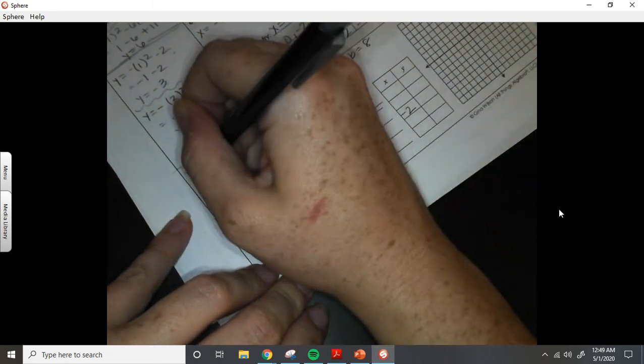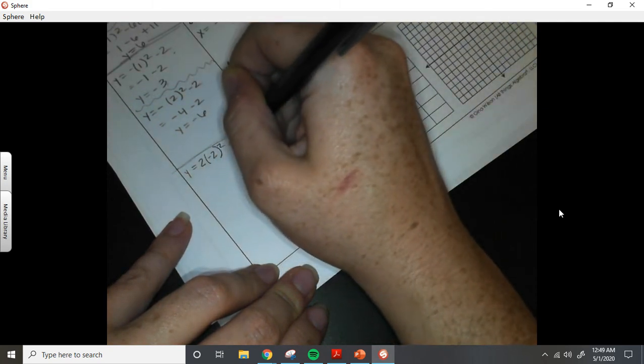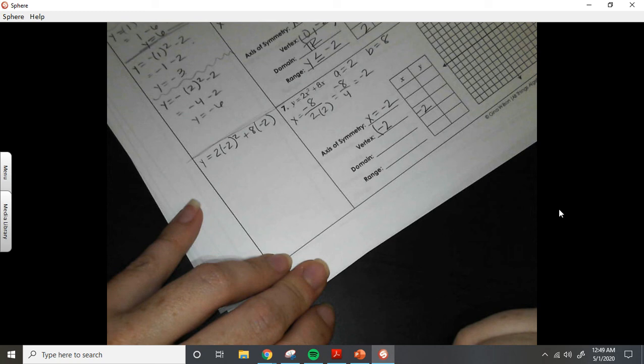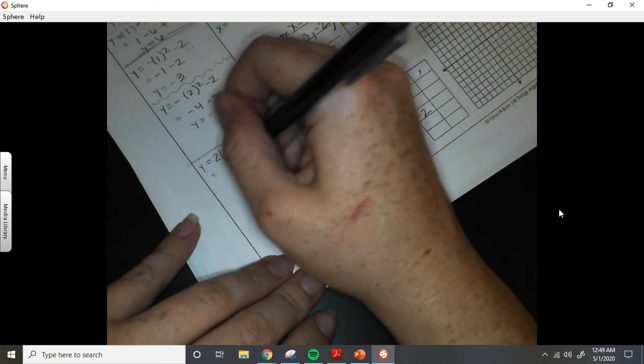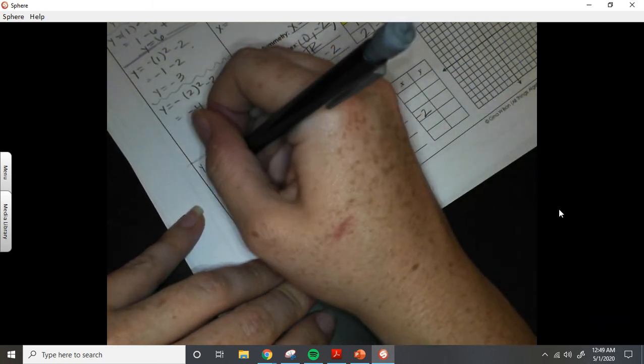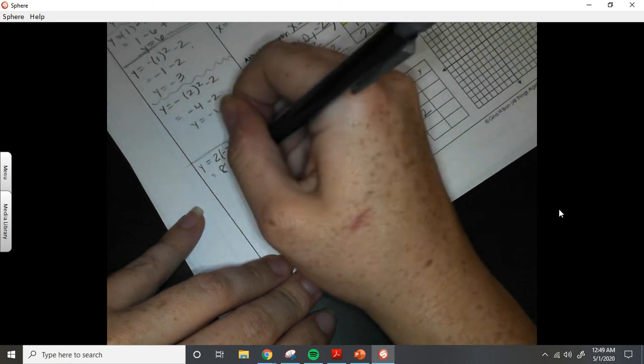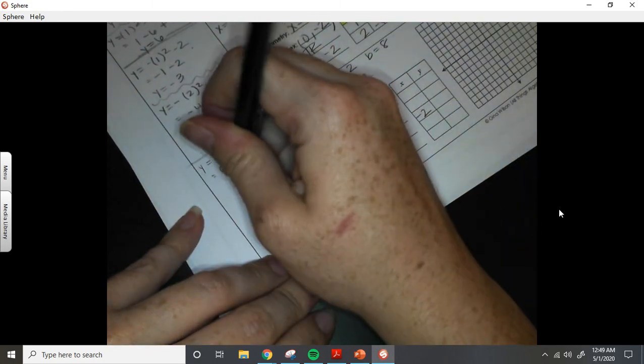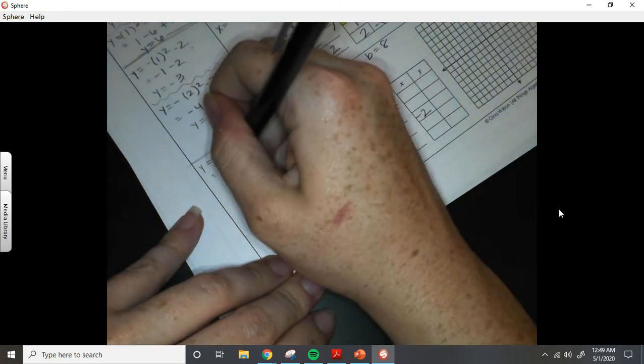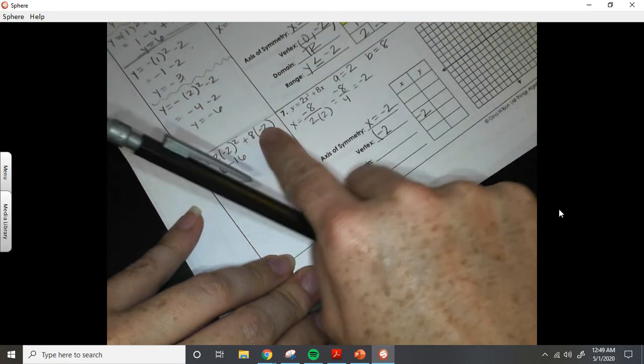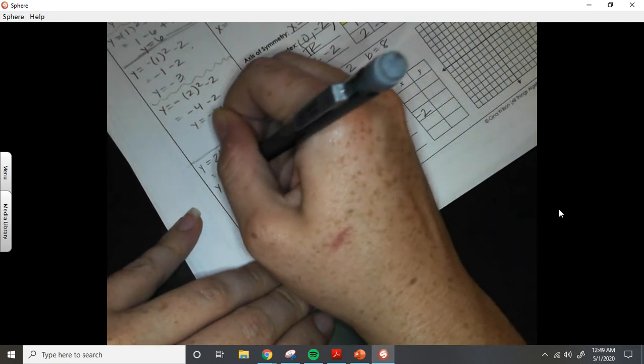Let's plug this in to find our y value. 2 times -2 squared plus 8 times -2. All right, so 4 times 2, which is 8. Sorry, not plus. It's going to be -16 because this is going to be -16. So y is equal to -8.